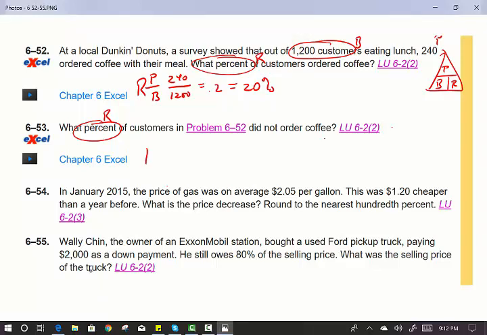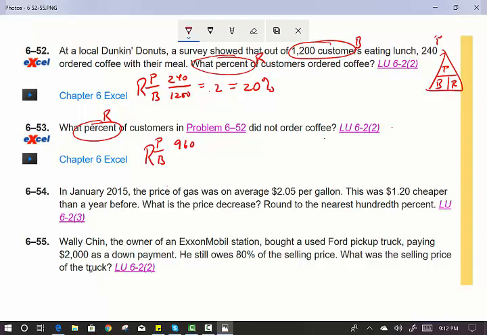So rate is equal to part divided by base, and the part, well, the 1,200 total customers minus the 240 that did means that we have about 960 that did not order coffee. 240 did order coffee, but 960 did not.